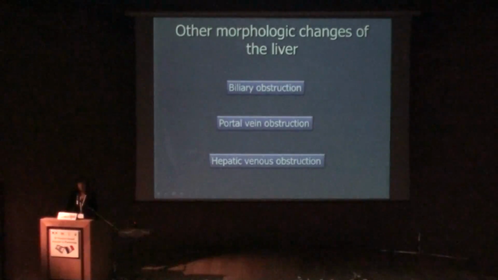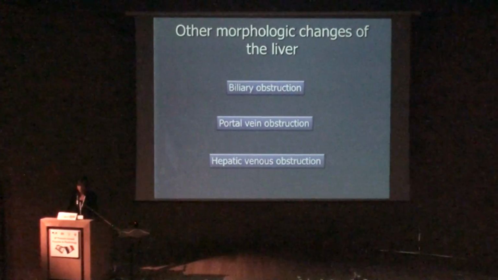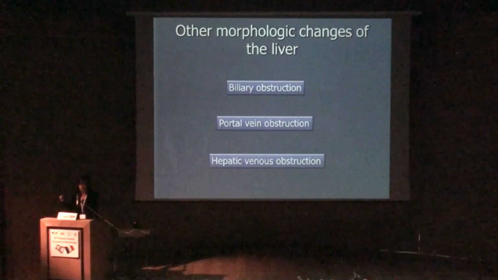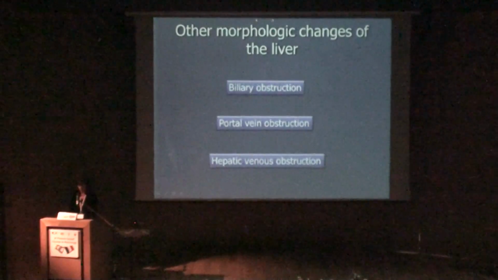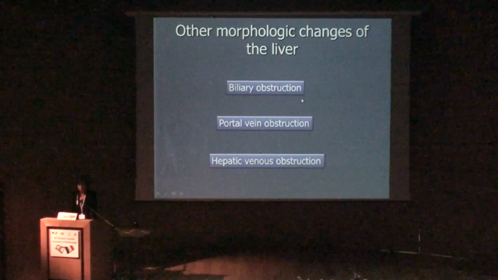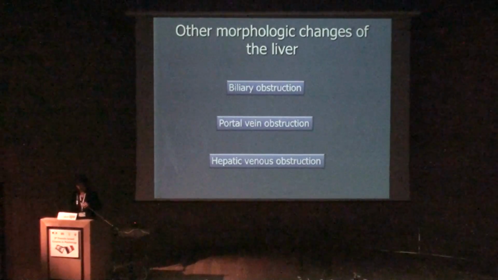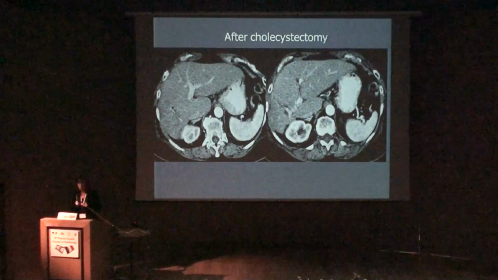So what are the other diseases that can provide morphological changes of the liver? Actually, there are many different causes. First, biliary obstruction. Second, portal venous obstruction. And third, hepatic venous obstruction. Let's start with the first one.